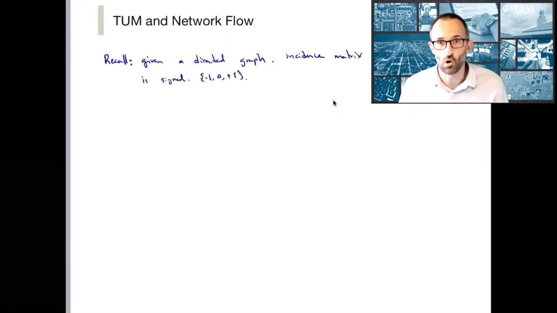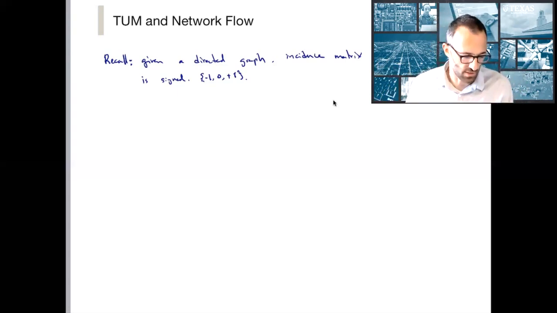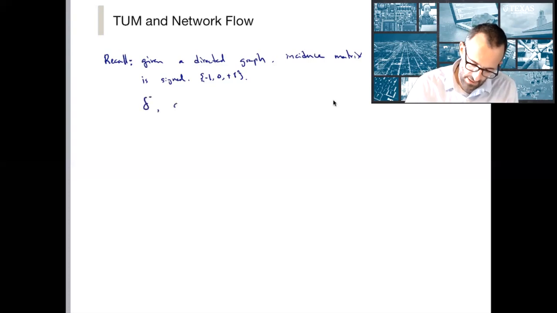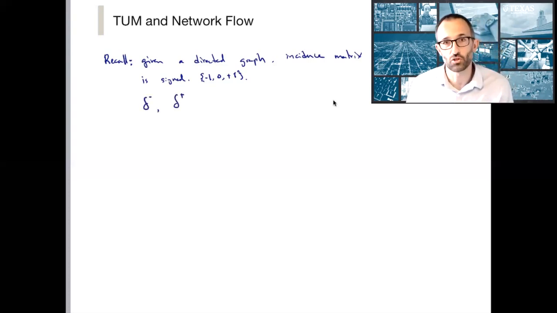So still, of course, hope for total unimodularity. And also, remember that we had defined, given a node or a set of nodes, the set of edges that point into that node or into that set of nodes, and vice versa, the edges coming out. So remember that we had also defined delta minus and delta plus as a function of a given node or as a function of a collection of nodes.